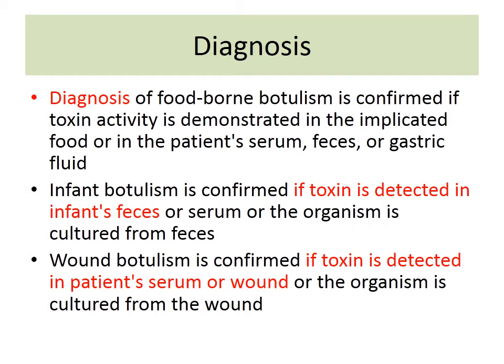And if it happens to be a wound, we need to take a wound swab or look for that particular toxin in the patient's serum, and then we make our diagnosis based upon that. Okay, does that make sense? So it depends which particular part of the body is infected.